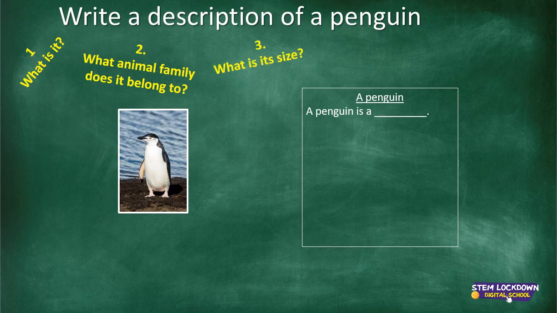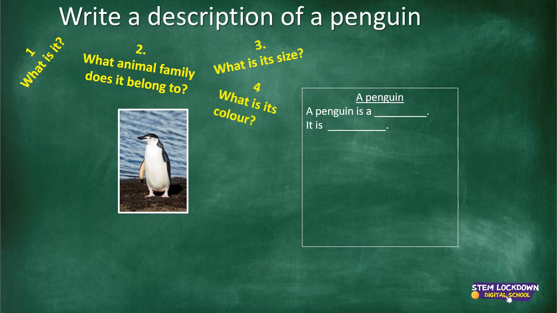Number 3. What is its size? Just look at it now. Is it big? Is it medium, would you say? Is it small? So write that sentence, it is, and say either big, medium, or small. Got that? Good.